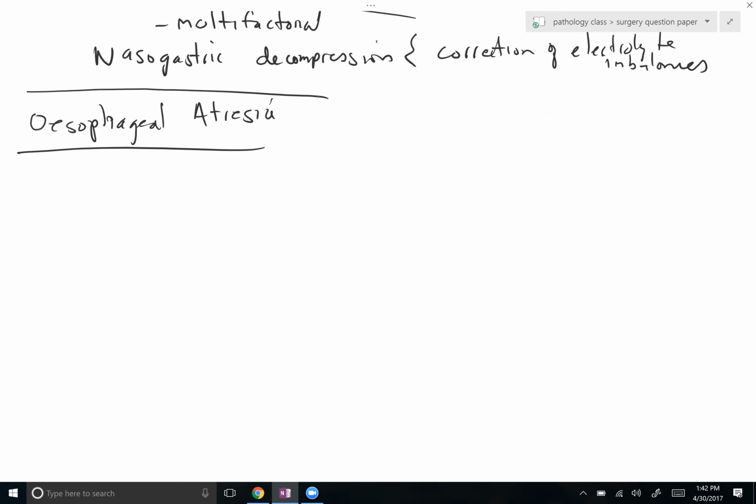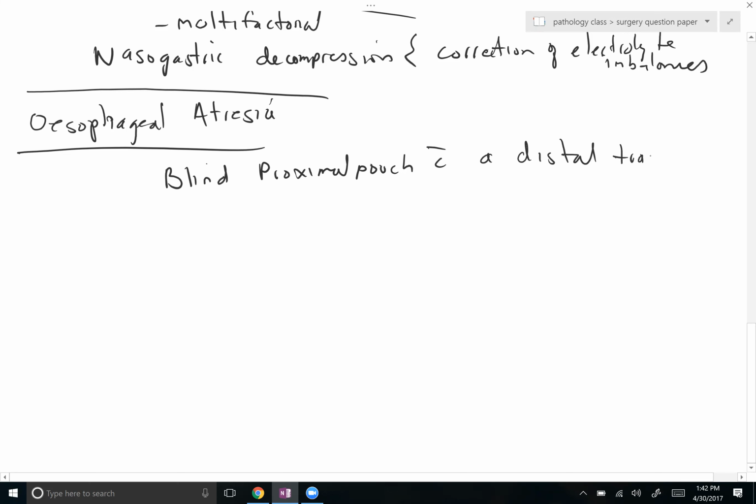In this, there is a blind proximal pouch with a distal part. The distal part, that means the faraway part, is present with a tracheoesophageal fistula.